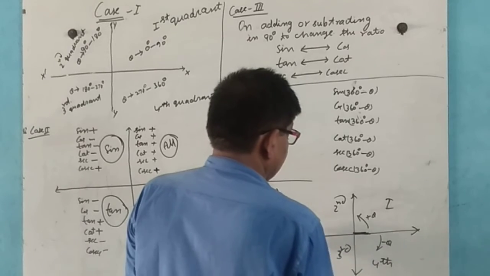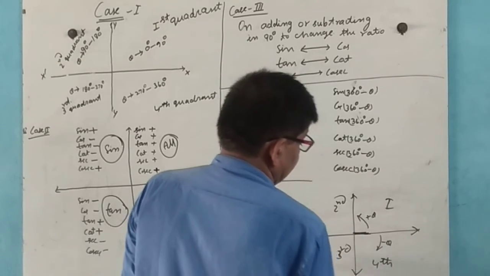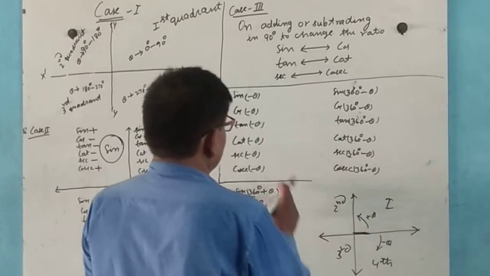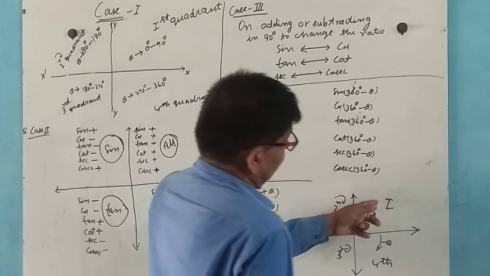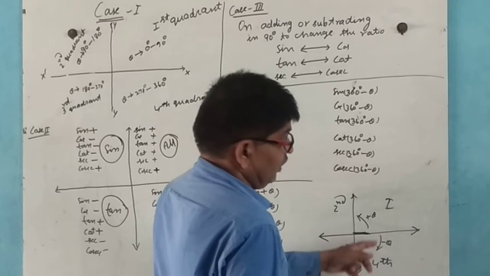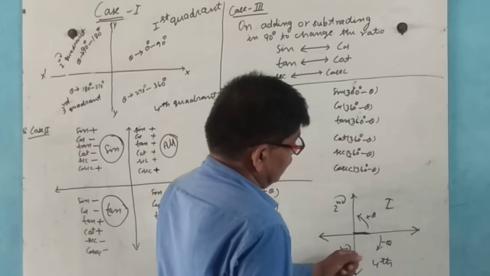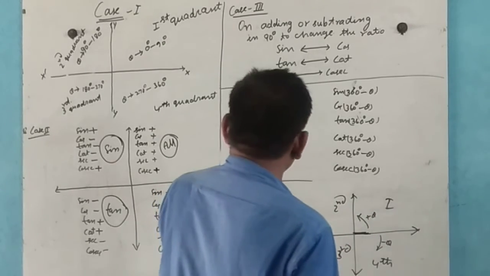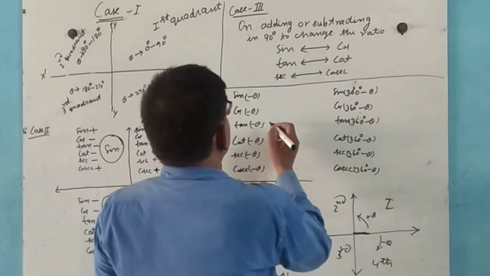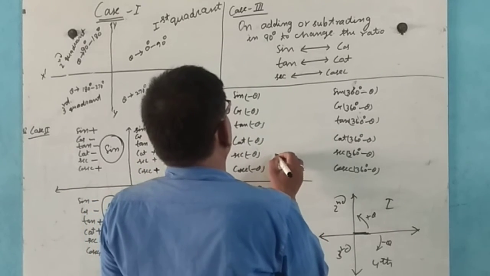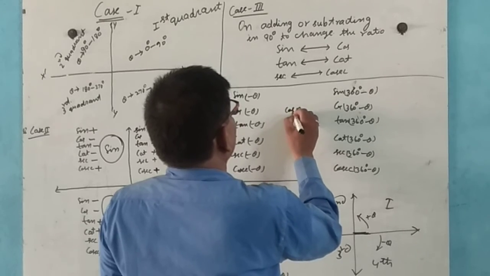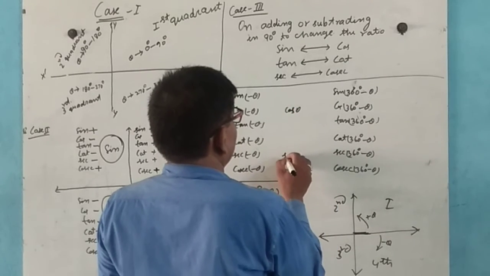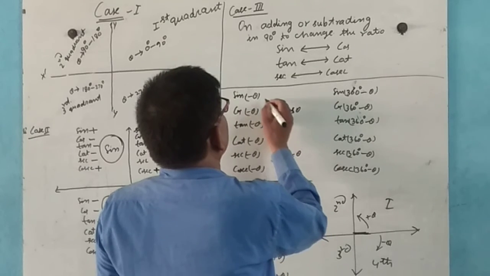so this comes here in the negative direction, in the fourth quadrant, where all sin tan cos, and the reciprocals of these, are positive. Cos is positive, that is cos theta, and the reciprocal of cos is sec theta, the rest are negative.